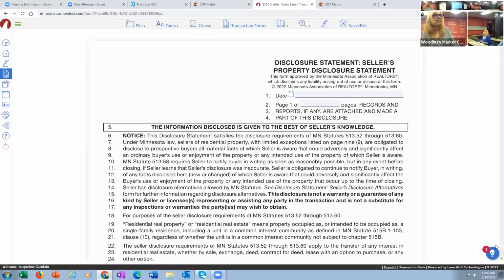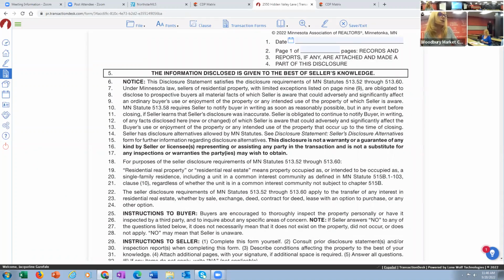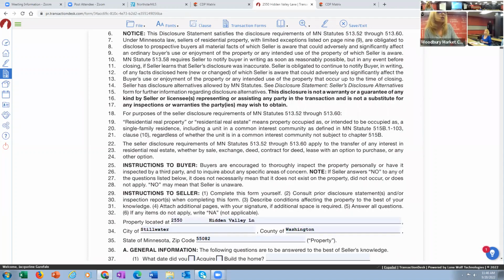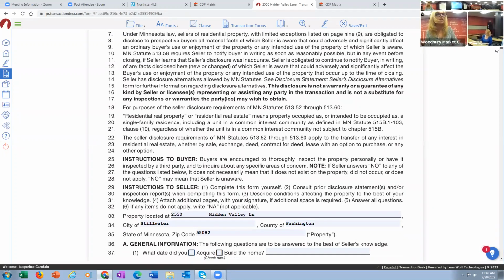So you date it, you give it to your client. Your client is filling it out, but I'm sitting down with them with a copy and talking through this form to ensure that they fill it out to the best of their ability and memory, and they're disclosing.